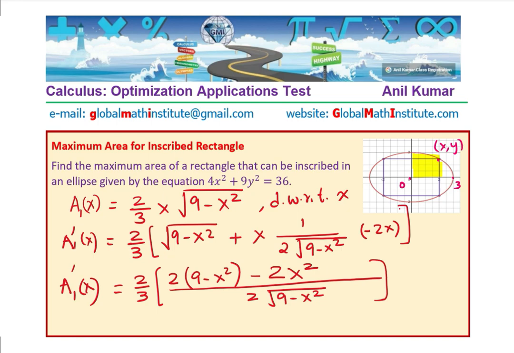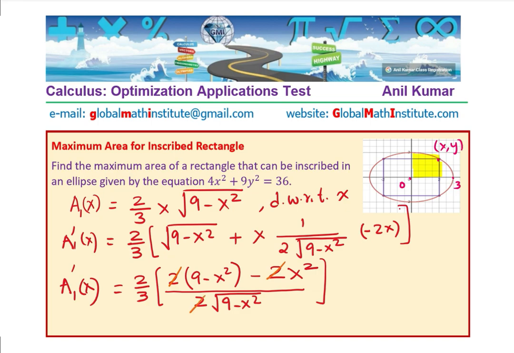Anyway, so let me just save some space. So I'll write it closer. And now simplify, right? So we have 2 times square root of 9 minus x squared. Correct. Well, this 2 could cancel. So let's cancel this 2, right? Simpler.